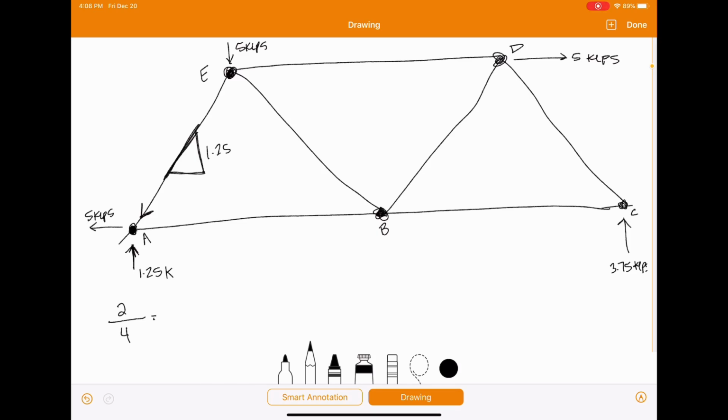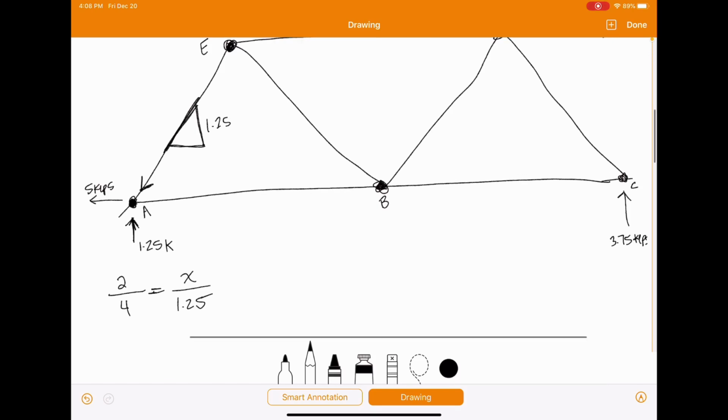And so we can proportion that out to being, we need to find our horizontal, and we know our vertical is 1.25 kips, which we pull from right there. All right, so if we run the math on that and we solve it, then we get that this will be 0.625 here. So x equals 0.625, which was our horizontal component, so we place it here for our horizontal component.